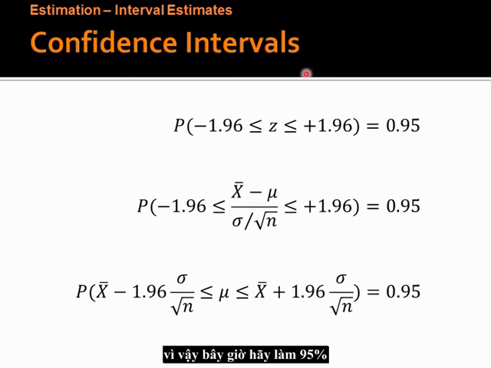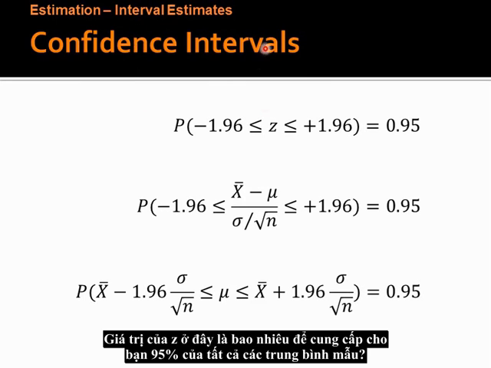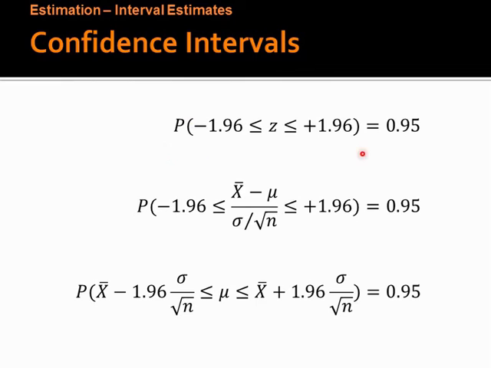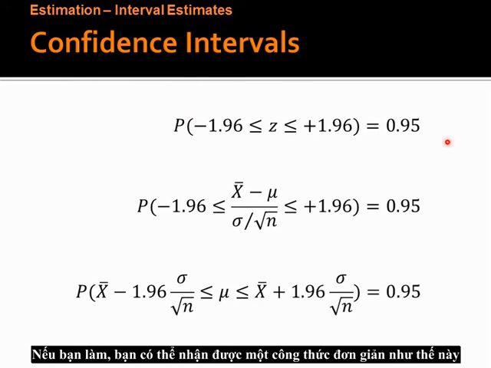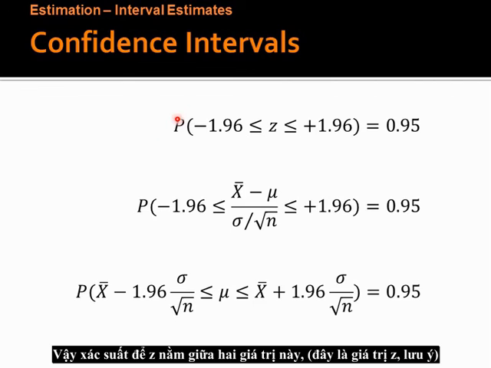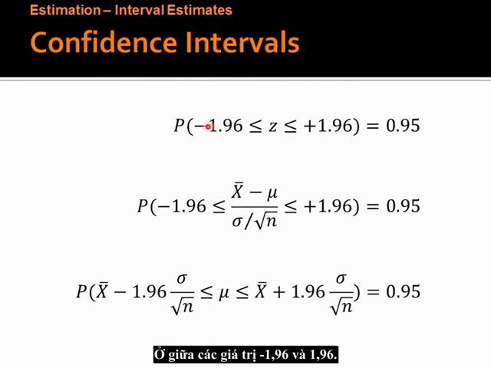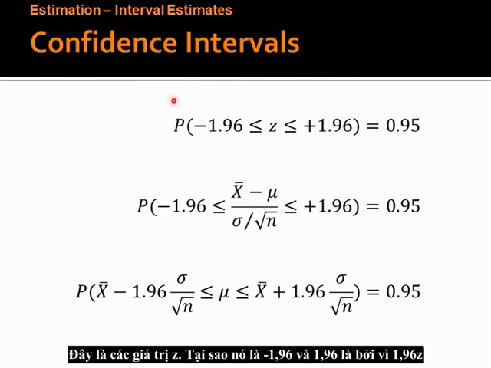So you're asked to calculate what are the values of z down here that will give you 95% of all the sample means. If you work it out, you can get a simple formula like this. The probability where z lies in between these two values, these are z values by the way, equals 95%, or 0.95 probability. This is the area underneath the curve in between the values negative 1.96 to positive 1.96, and these are the z values, right?